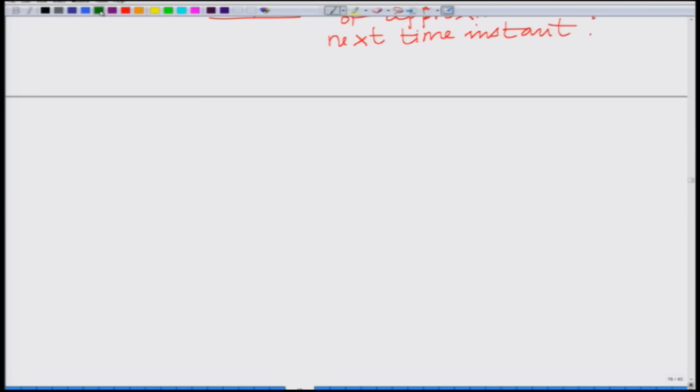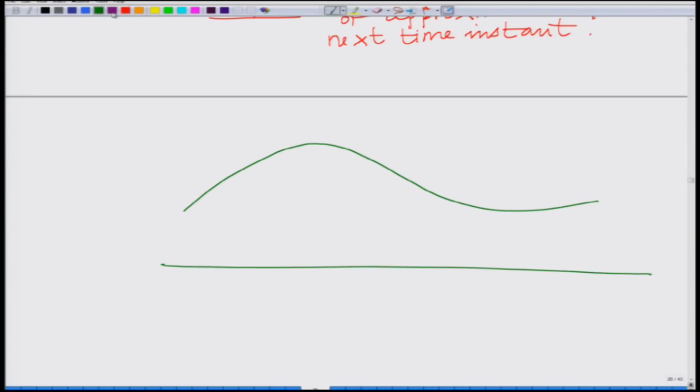If I have a signal M(t), I have an approximation at time instant n minus 1. Now, this is time instant n.